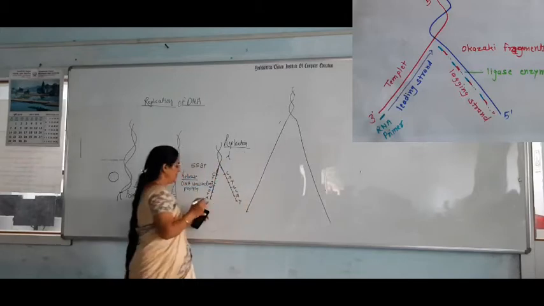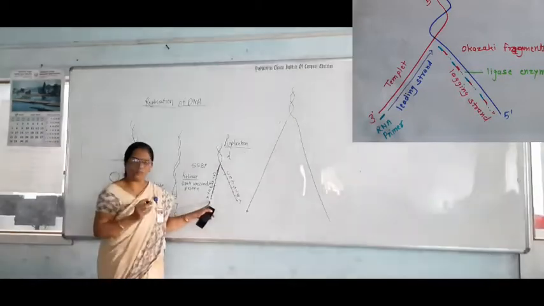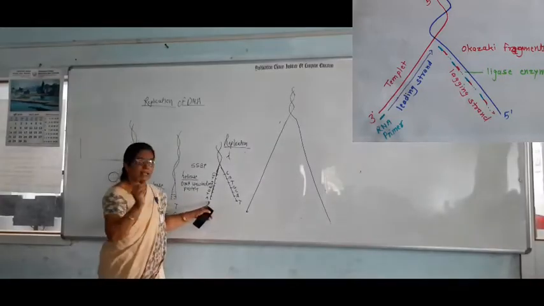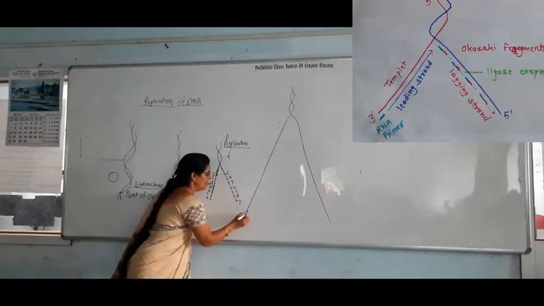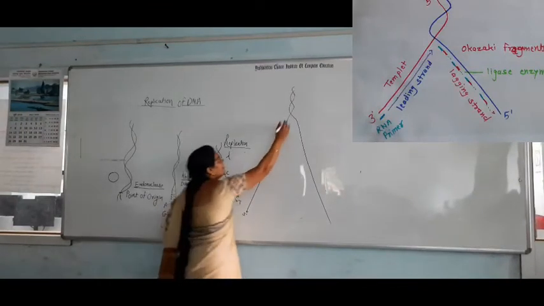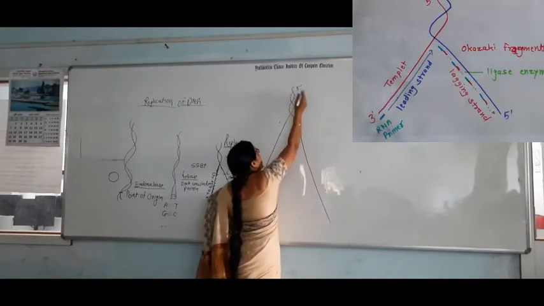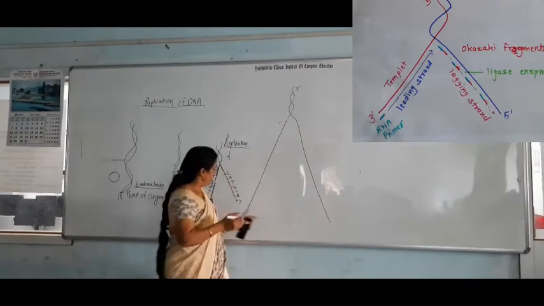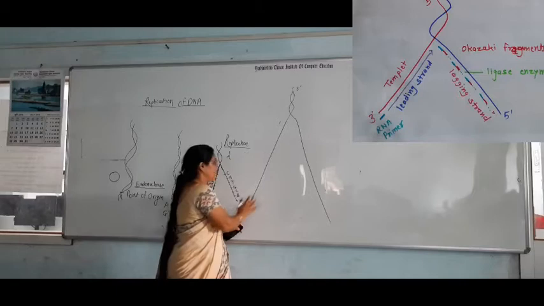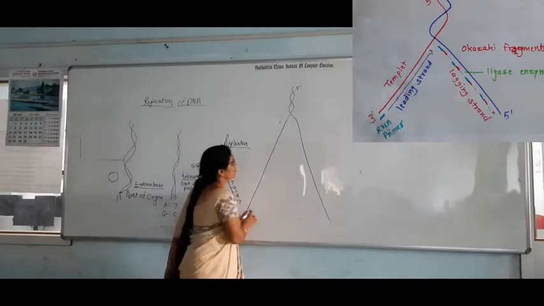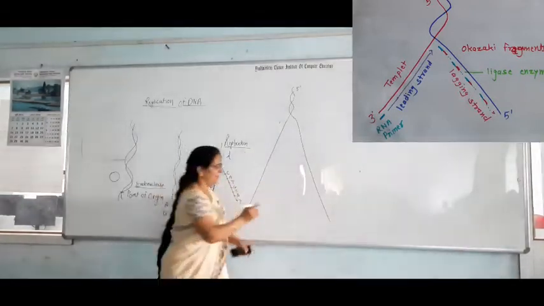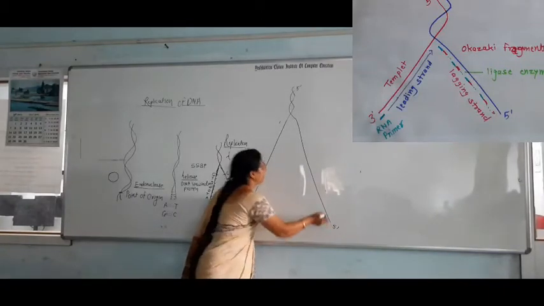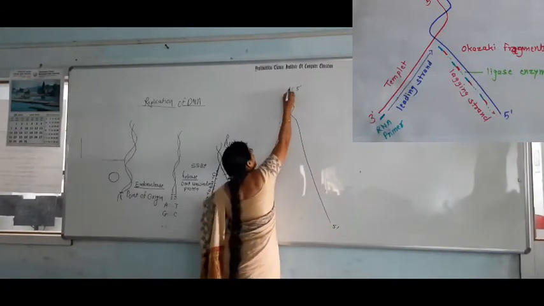Which orientation is present here? 3 dash, and here 5 dash. Opposite to that 3 dash is 5 dash. And here 3 dash.